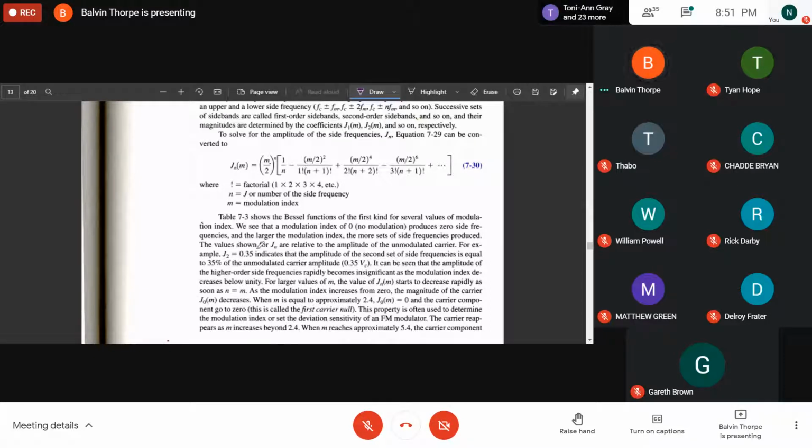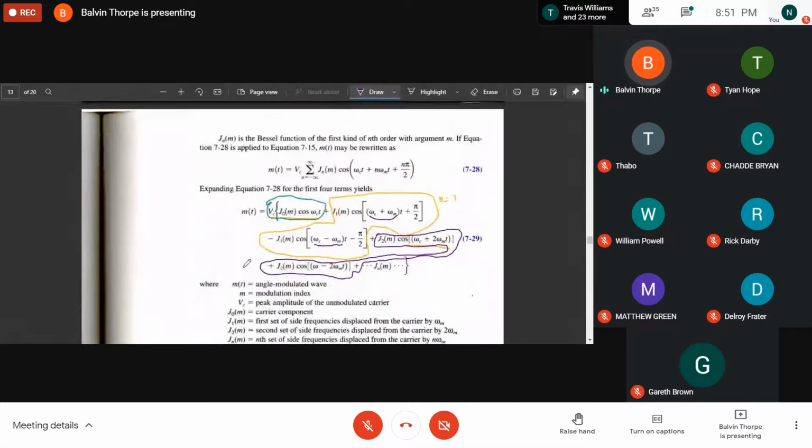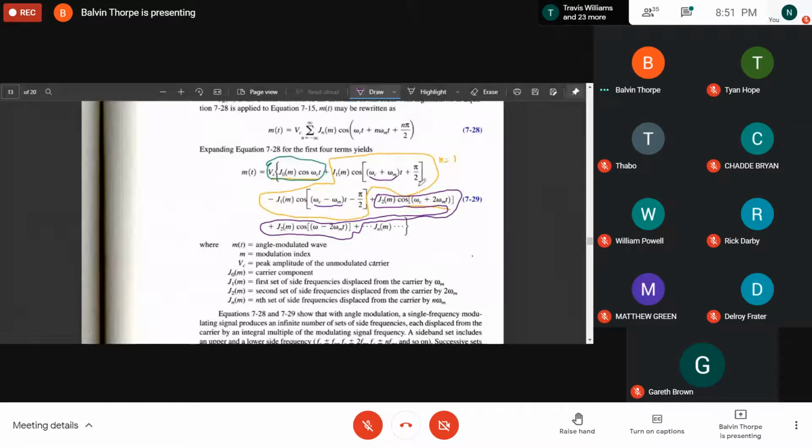So remember, each time we change M, the modulation index can change as much as we want. We don't know what the modulation index is, but it shows for several different modulation indexes. But once you find a modulation index, that would stay for the entire expression until you find a second one. So if M is 0, which means there is no modulation, that's going to be right through the whole expression. If M is 1, it's going to be 1 right through the entire expression.